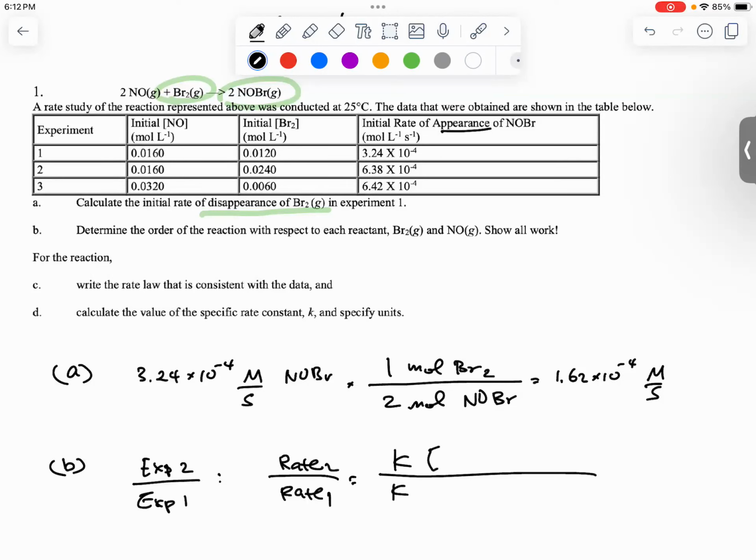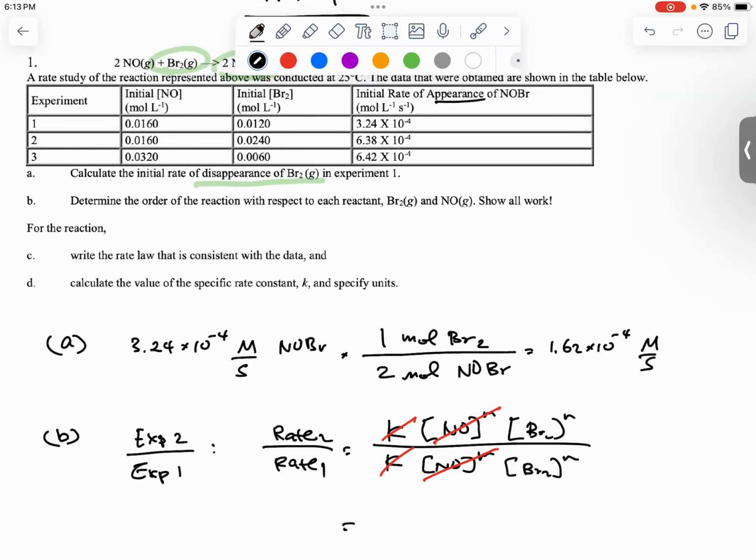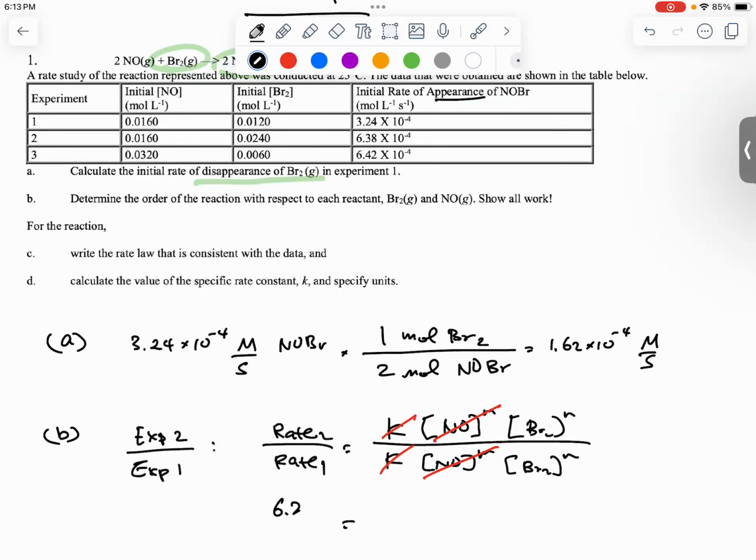So we have NO to the m power, and then we have Br2 to the n power. Since the k values are the same and NO has the same concentration, what you do is place the rate right here.